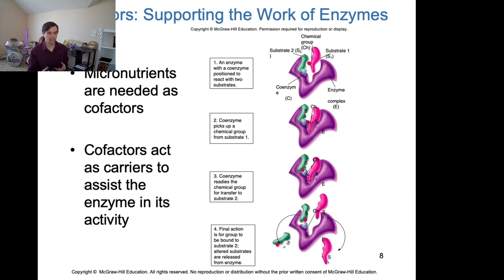Or what it might do, in this case, is take this little red ball from substrate 1 and move it over to substrate 2. So you can see here it moves it over and bonds it to substrate 2. These two things don't ever actually touch, and that coenzyme transfers some chemical group. So coenzymes do lots of different things. They help enzymes do things that they might not be able to do if it was just a protein structure. So it's pretty cool what these guys do.